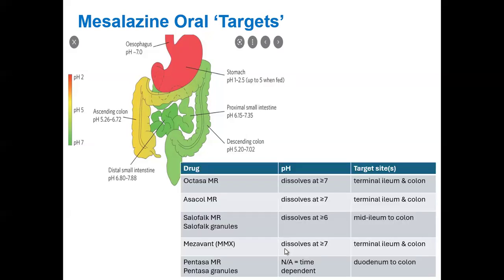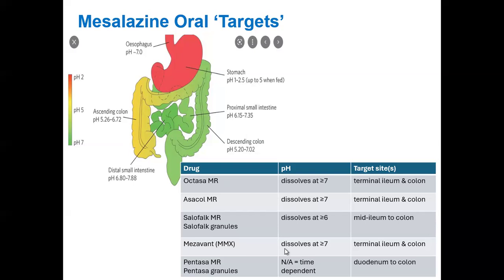And what it shows is that the different types of mesalazine dissolve at different pHs, with the exception of Pentasa granules, which are time dependent. And this then might be relevant for which part of the colon you're trying to target, the very top or start of the large bowel and colon, or the very end of it.